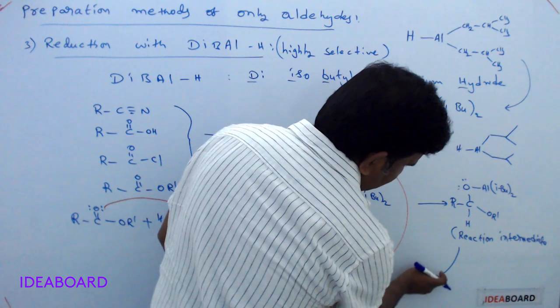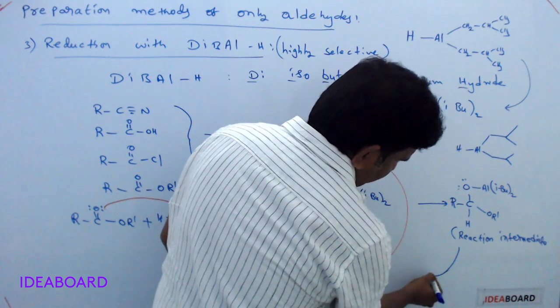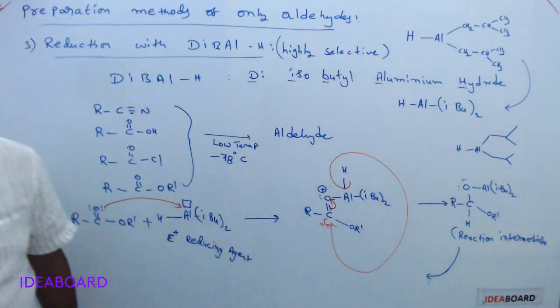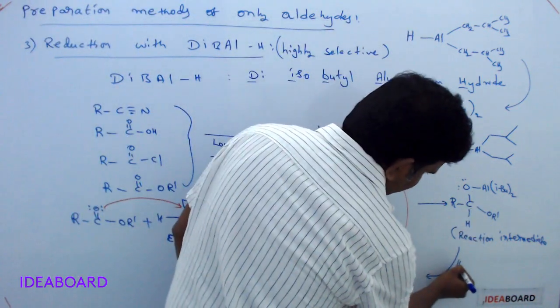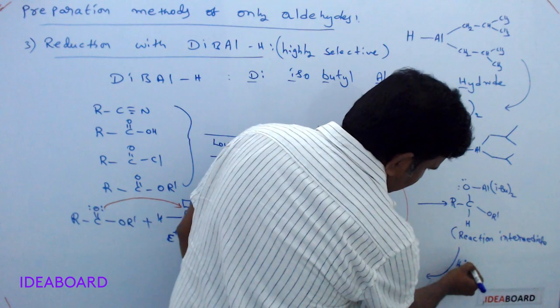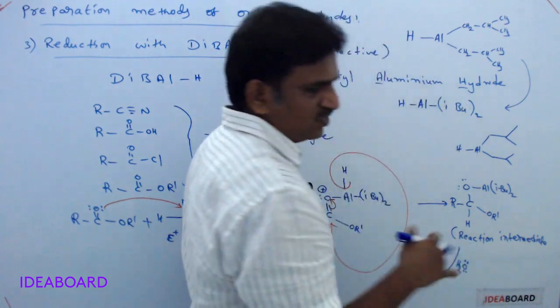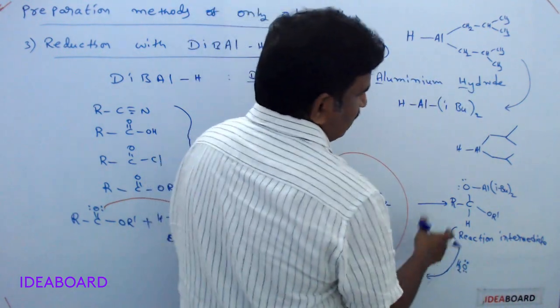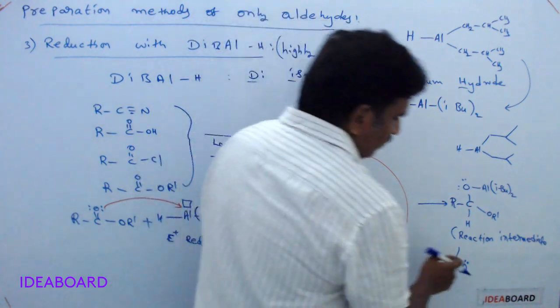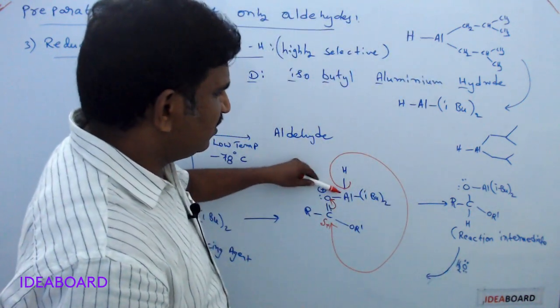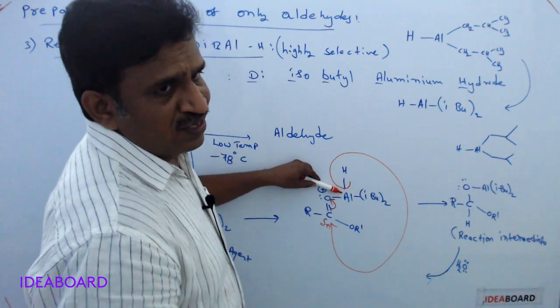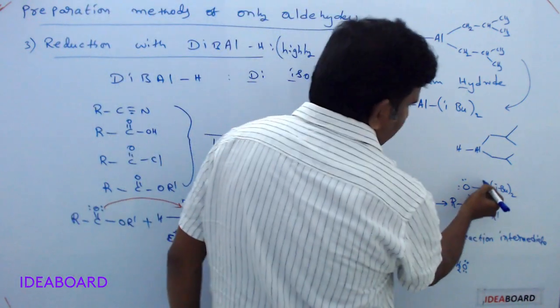What is the further reaction? Is it visible? The further reaction is the attack of a water molecule. Here also water attacks. In Stephen's reduction also water, and in this also water attack occurs. When the water attacks, aluminum again gets a vacant orbital.